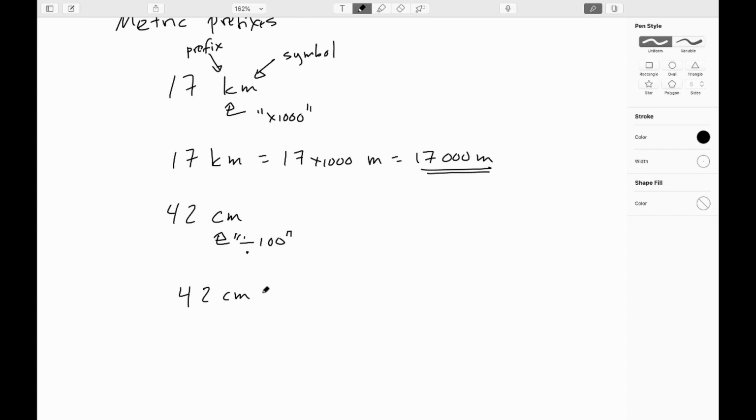That C in the prefix means divide by 100, so I can take 42, I replace the C by divide by 100 meters. So I have 42 divide by 100, still left with meters. If I take 42 and divide by 100, I get 0.42 meters.